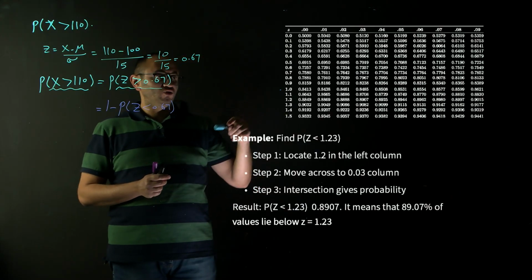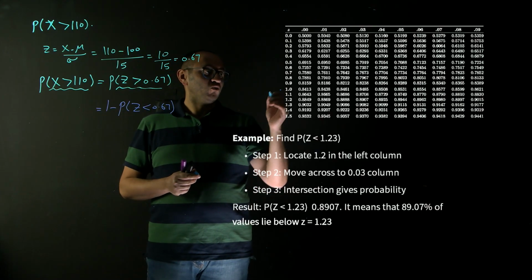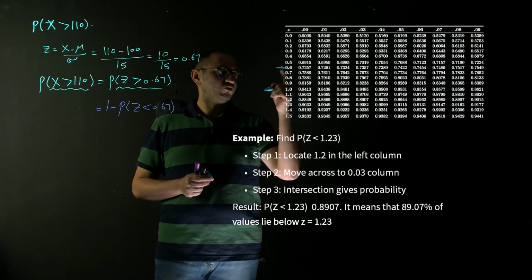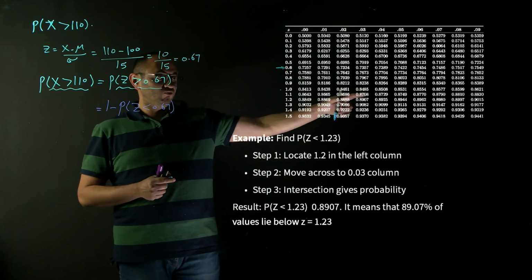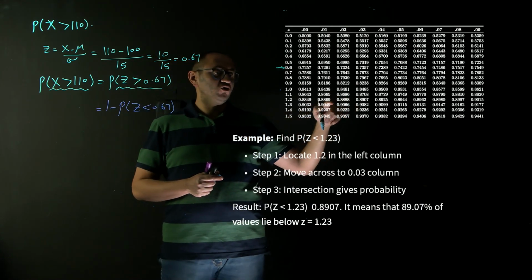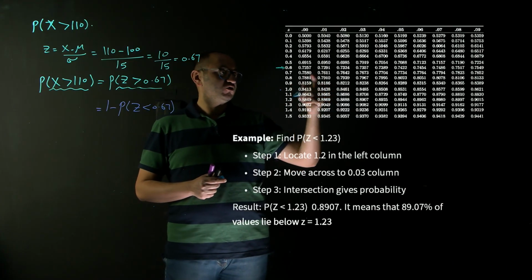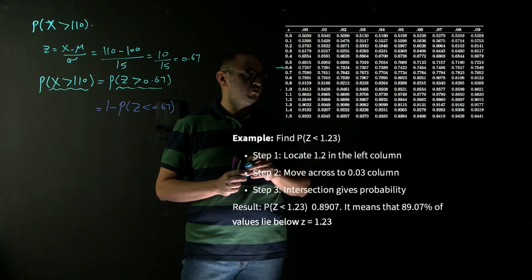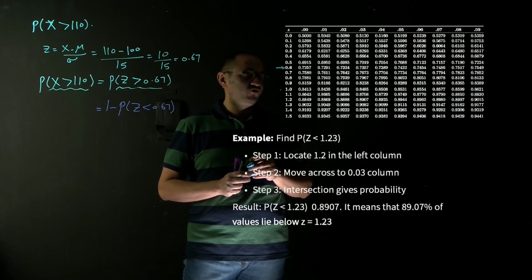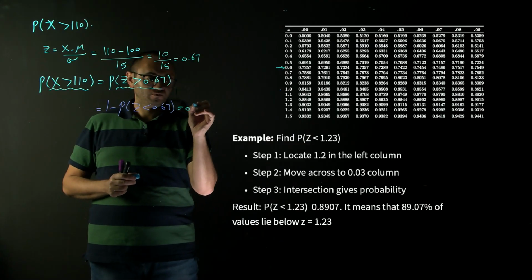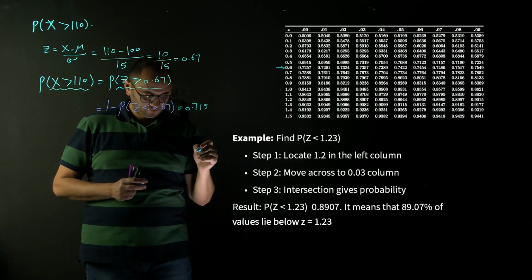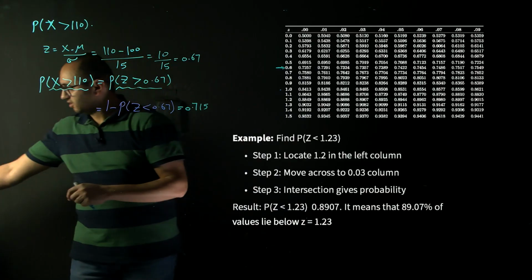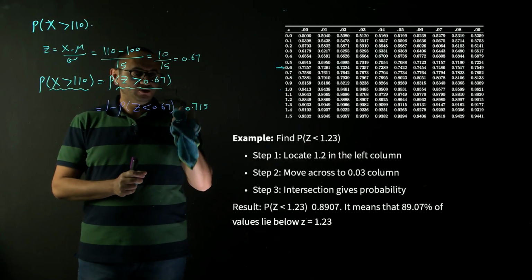You have to look at the row where this is 0.6, and then move across to the column with 0.07. So the probability should be 0.715. I'm sorry, it's 1 minus that probability.